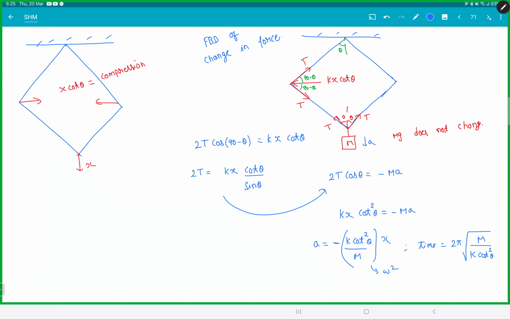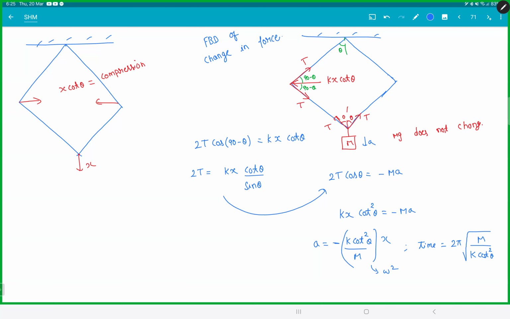Check. Clear, everyone? That's the main thing there. So when you pull it, the spring will compress like that.